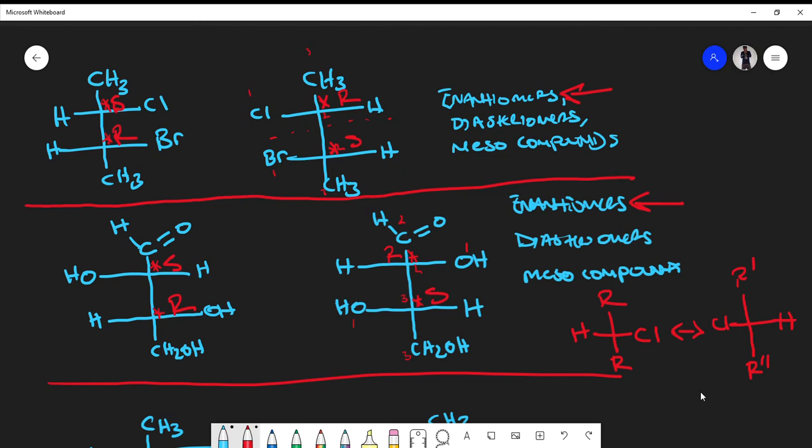Typically, these are going to be of the opposite configuration, and maybe I should have R prime here and R double prime here, but you get the idea, right? It's a weird pattern, but you should see this by now.